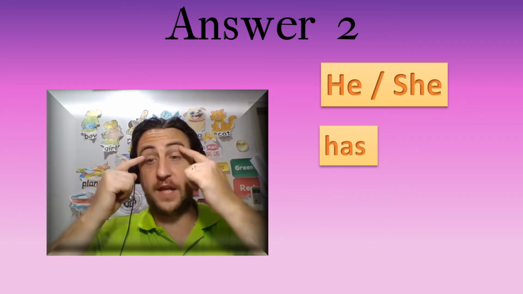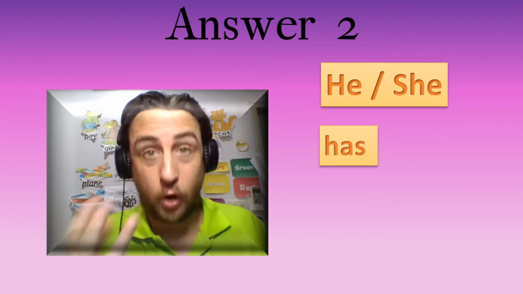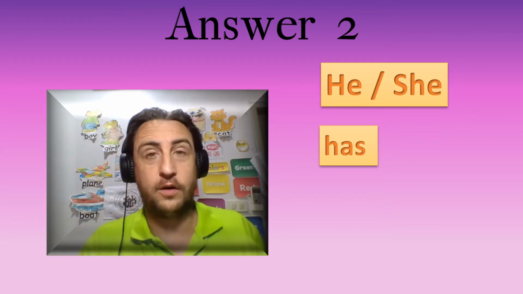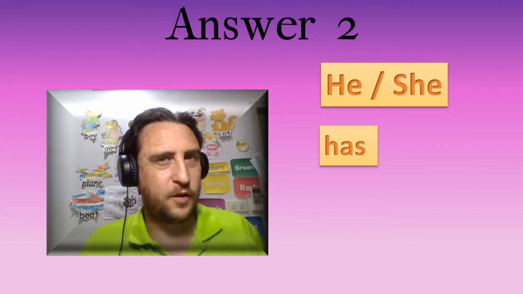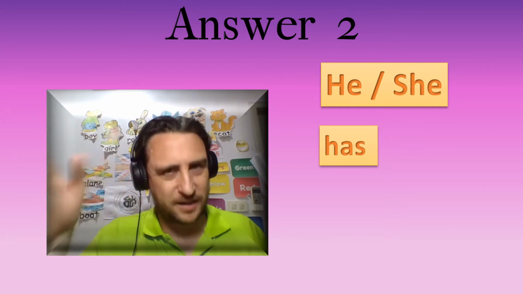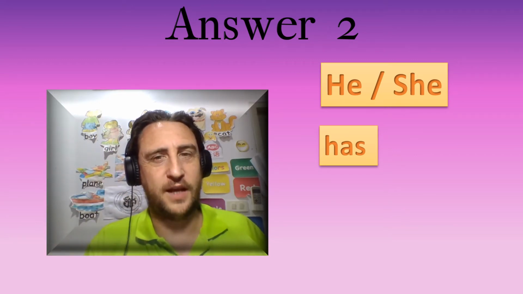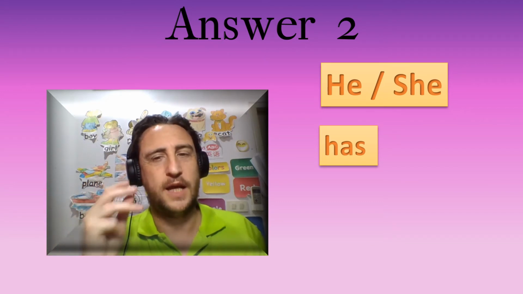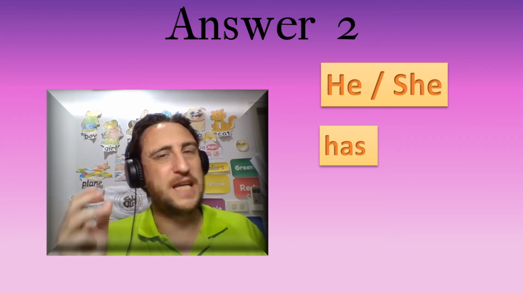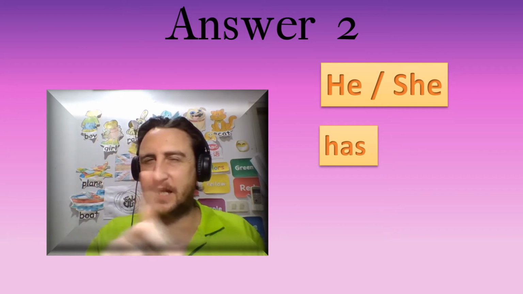Because the things on the face are objects. They're his or hers. So he has, she has, not she is.